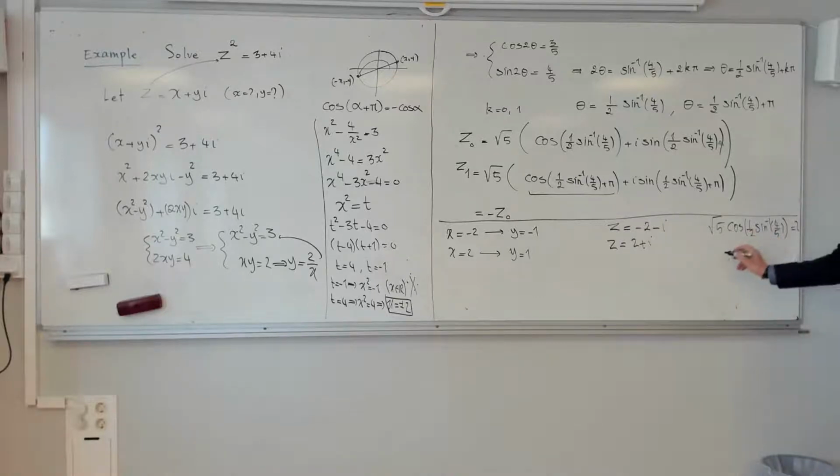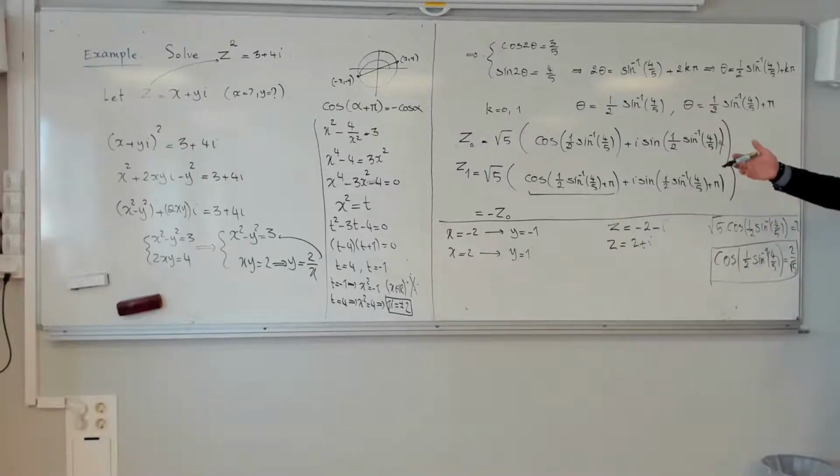So this is not a problem in complex numbers. Do you agree? It is 2 over square root of 5. So we are using the ideas coming from complex numbers to calculate something in the real numbers, yes? This is just a problem in trigonometry.